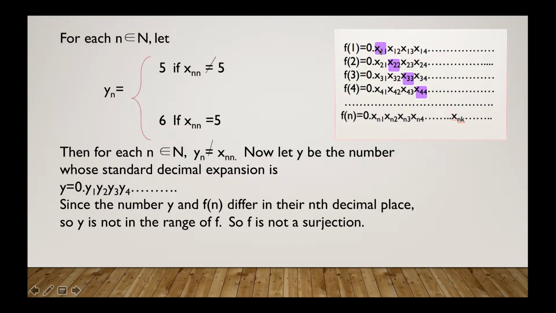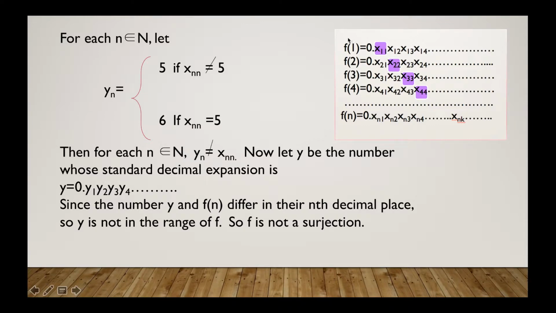For example, the first digit of f1 is x_11, but by our definition of y, the first digit of y doesn't equal x_11, and the second digit of y doesn't equal the second digit of f2, and so on.